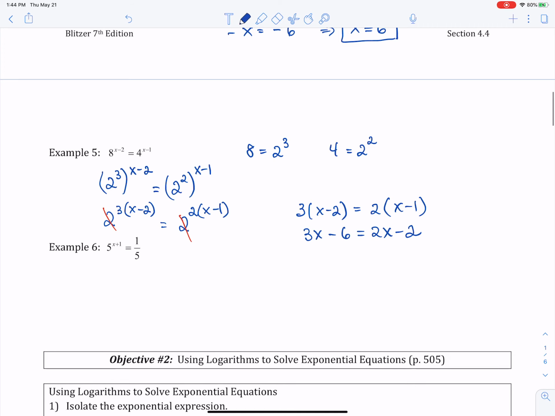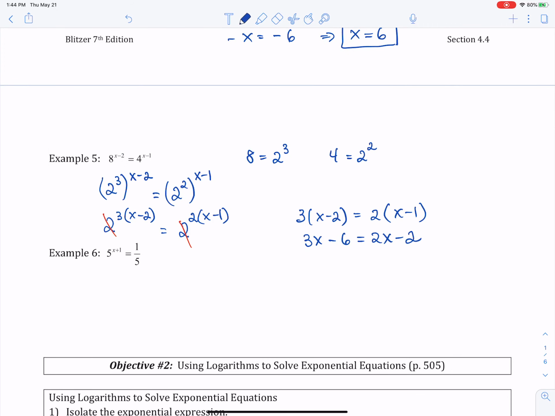Subtract 2x from both sides, and add the 6 to the other side. We end up having x is equal to 4. And that's our answer.